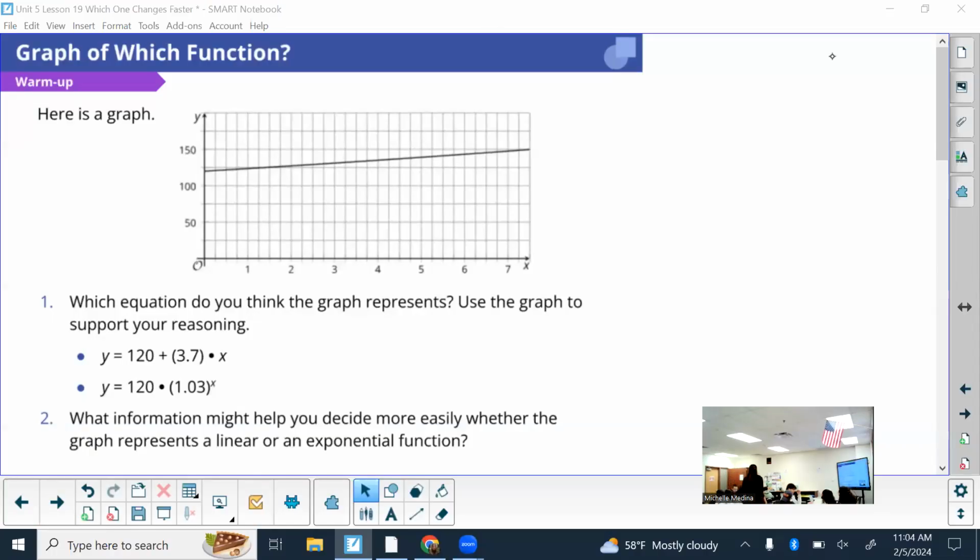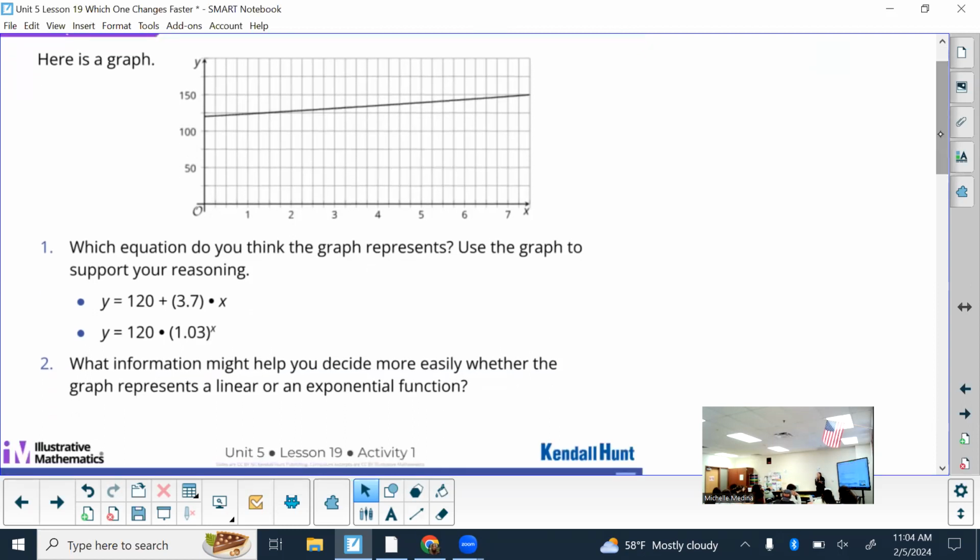Okay, so table 2, which equation do you think the graph best represents? First one or the second? Like a 50-50 chance.